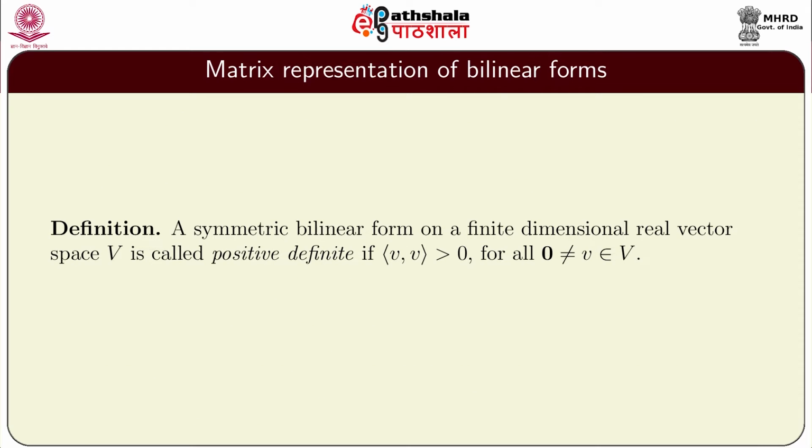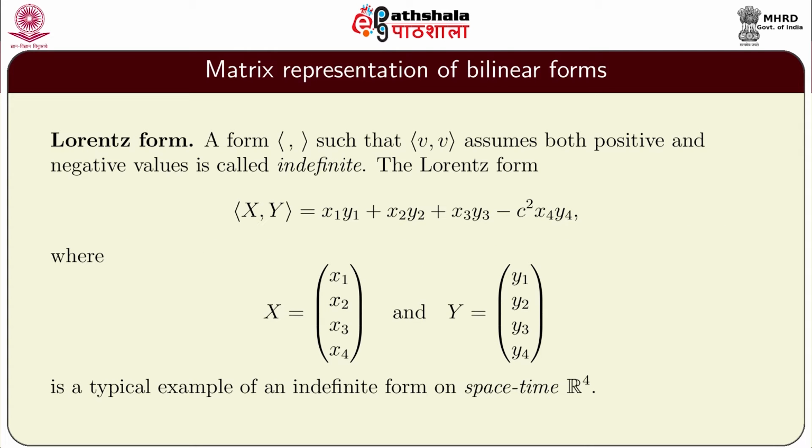Definition: a symmetric bilinear form on a finite dimensional real vector space V is called positive definite if <v,v> is positive for all non-zero vectors v in the vector space V. And this is an interesting example of the so called Lorentz form, which is a bilinear form such that <v,v> assumes both positive and negative values, and such forms are called indefinite.